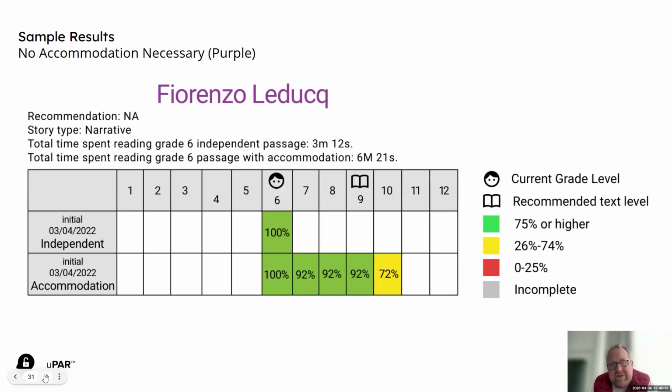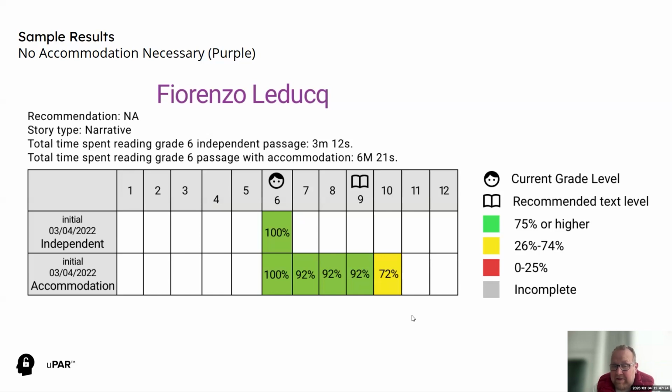So this is an example of what an individual student might be. You can see this student is a sixth grader. You see the little icon at grade 6 there. The first passage would have been grade level with a read aloud support. You can see they scored 100%. So we increased the text complexity, increased it again. And then finally, when we got to 10th grade, now the student couldn't score 75%.